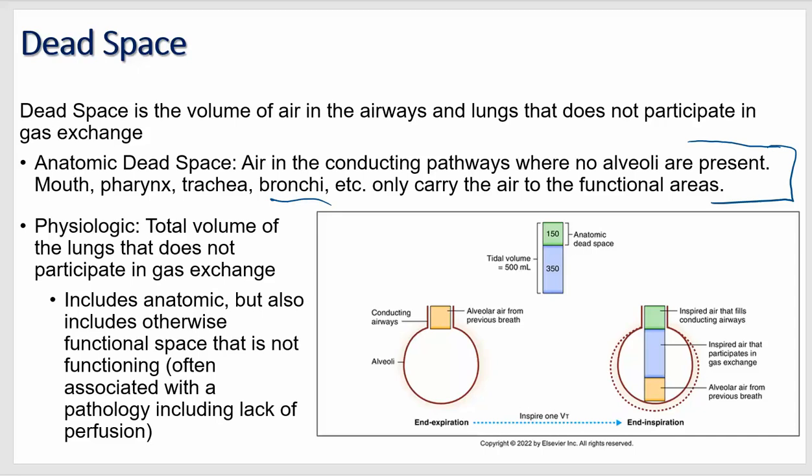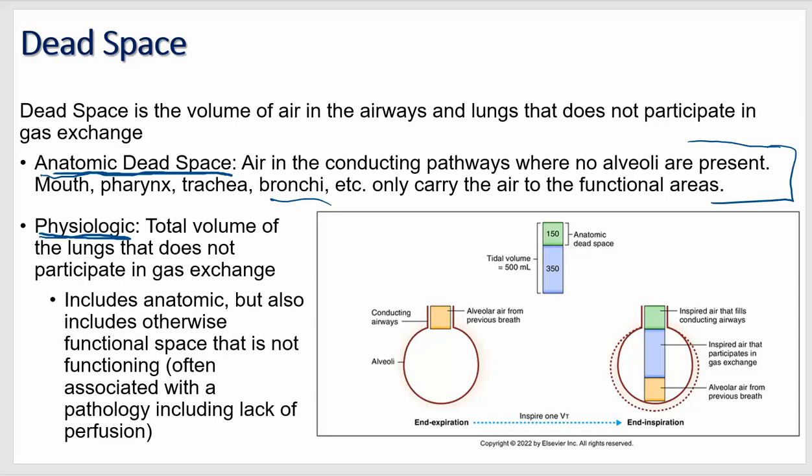Now, that's anatomic dead space because there's really nothing you can do about that. It's just a consequence of being a breathing organism, that you have to get the air down. However, there's a difference between anatomic dead space, which is just those conducting areas, and physiologic. Physiologic means that it maybe used to work and doesn't anymore, or it's in the lungs and it's not working right now. That means that if there's some kind of lung damage inside your lungs that won't allow respiration to take place, that's not a conducting pathway, but still there's no exchange.